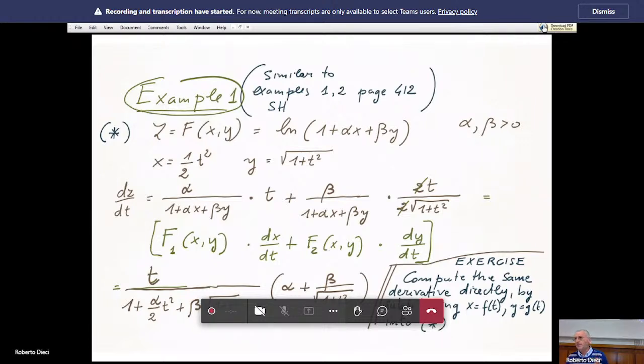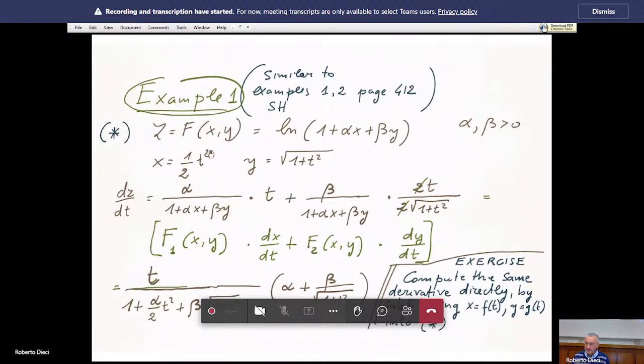But next, it depends on your application. If you need to express the derivative in terms of time, just remember that the x and y appearing in your derivative are themselves functions of time, and replace and get the final expression, okay? Why is that useful? To understand how useful it is, try to compute the same derivative directly. So you know this model, then you go like this.